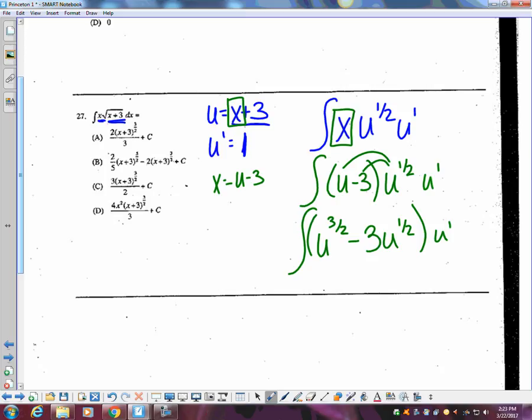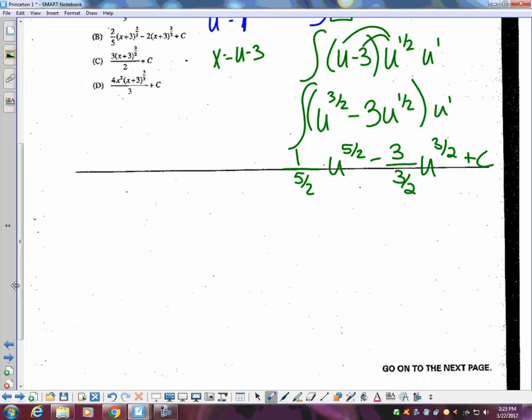So now if I just do my power rules, 1 over 5/2 u to the 5/2 minus 3 over 1/2 plus 1, plus c. Okay, now I just got to clean up. 2/5 u to the 5/2 minus, all right, if I flip, the 3's will cancel.